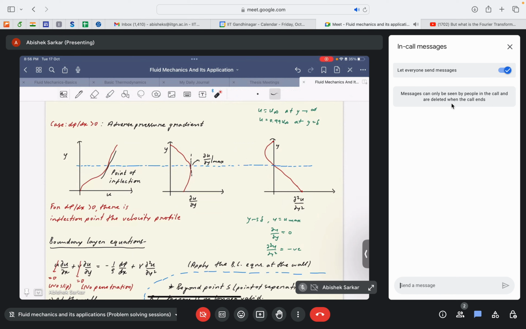Only a flow that has an adverse pressure gradient would show a point of inflection in its velocity profile. I hope you note down this fact, because it's very important and may also be asked in competitive exams as 1 mark questions. So I hope you take note of it.